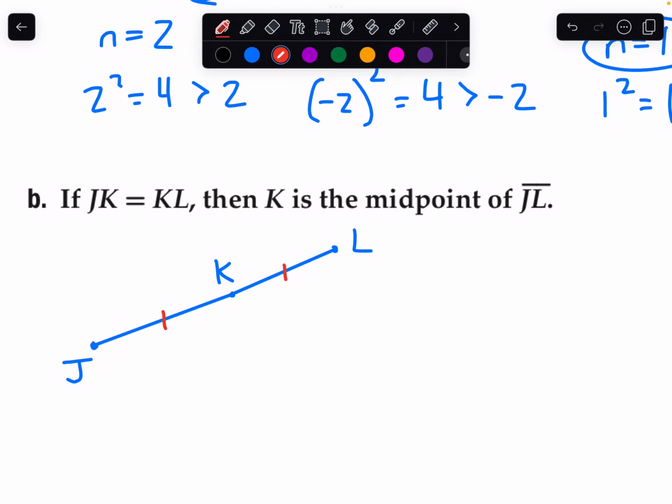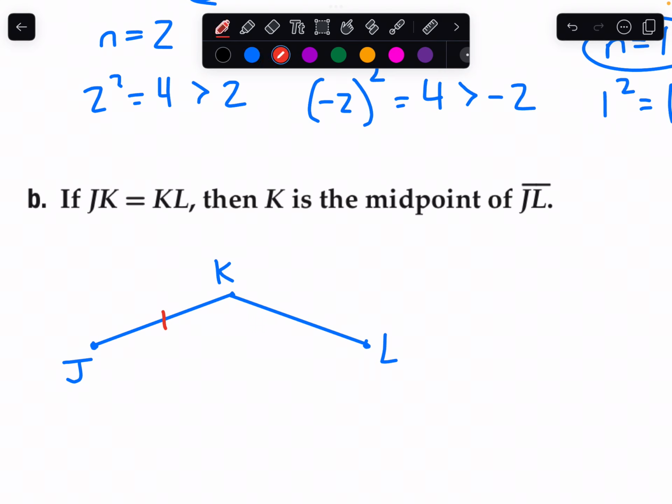This is congruent to that, guaranteed. Then K is the midpoint of segment JL. That certainly seems to be the case with how I've drawn it, but nothing says that these have to be in a straight line. There's JK, here's KL, right?